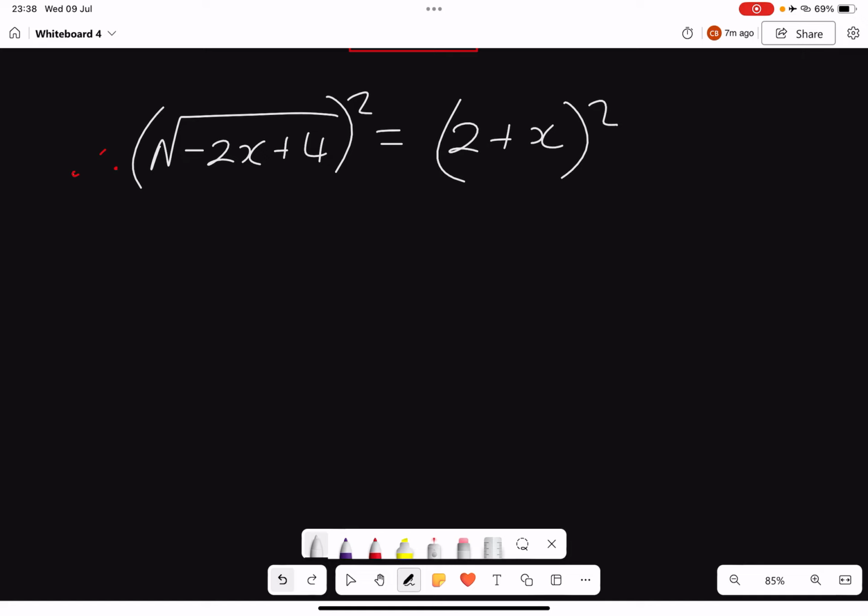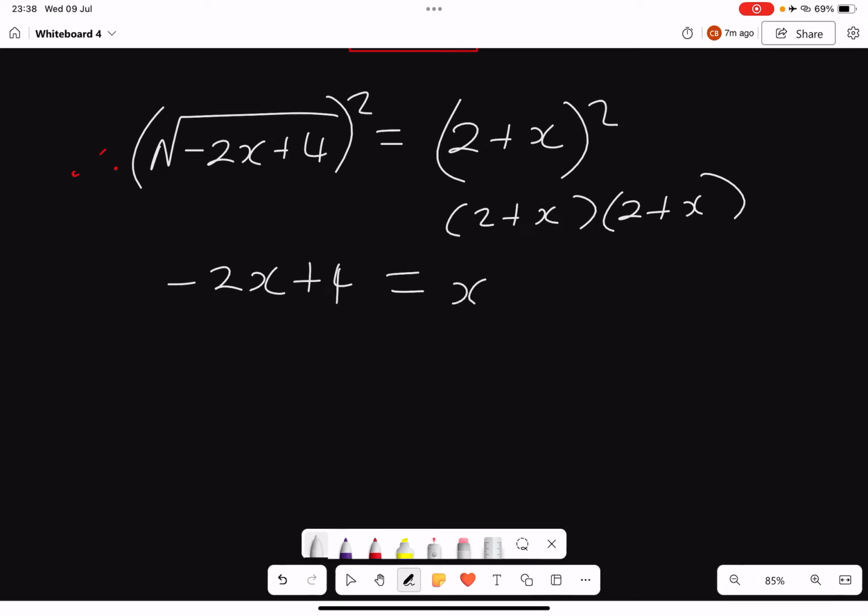And just say we have minus 2x plus 4 equals this bracket here, 2 plus x and another 2 plus x. This will expand to x squared plus 4x plus 4.